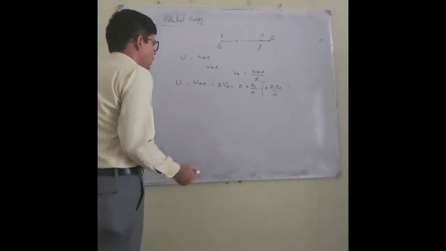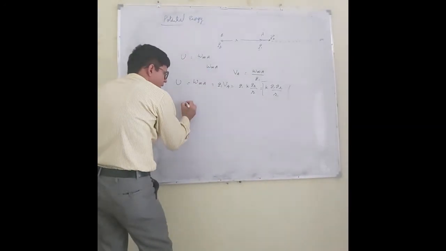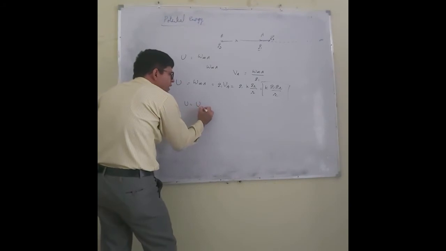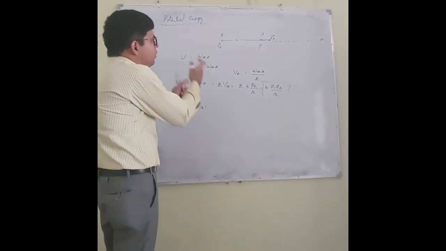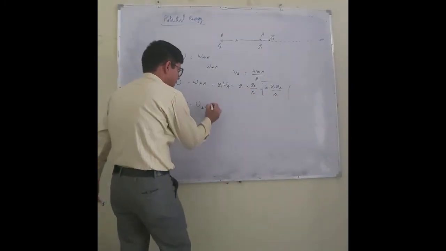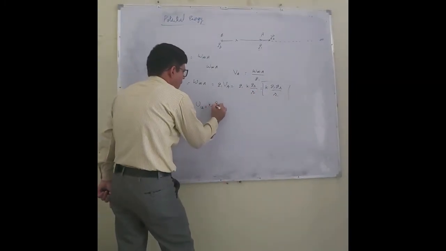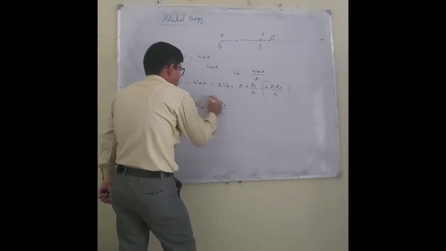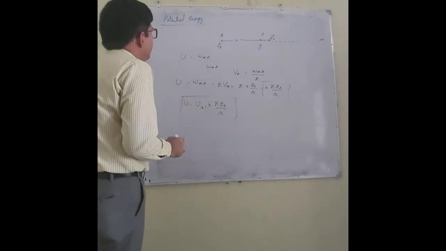Now, I can also say that this U is also equal to the electric potential energy of charges Q1 and Q2 separated by distance r. Right?